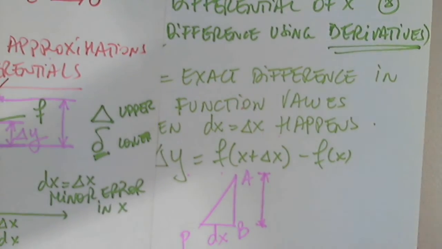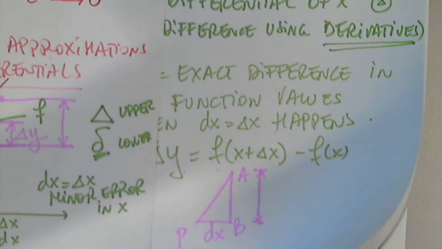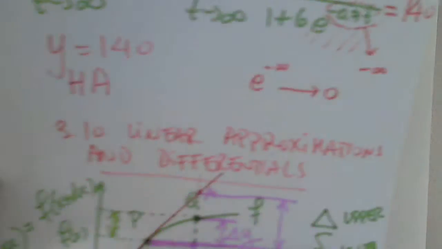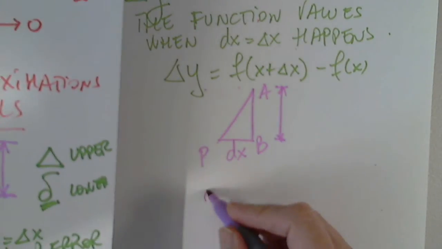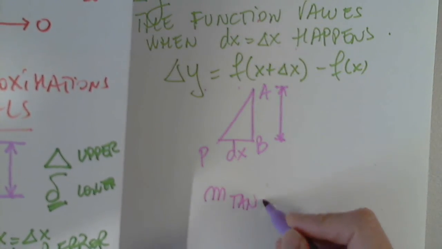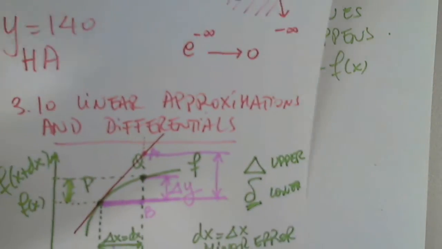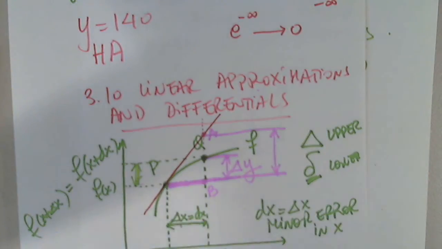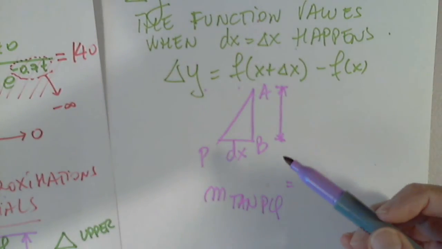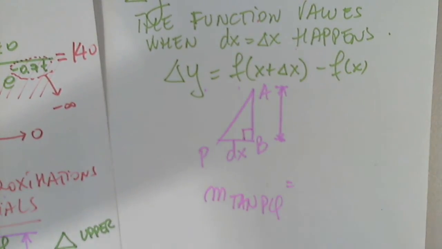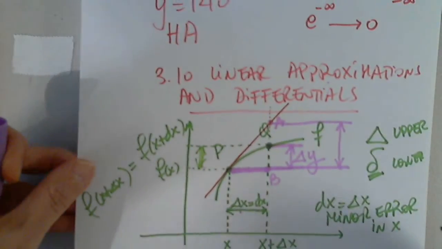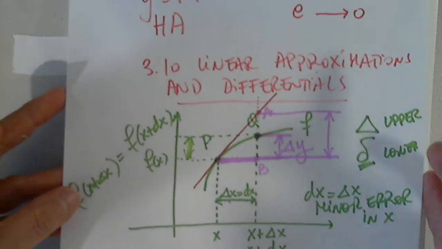And I am going to ask you to give me now the slope of the line PQ. The slope of the tangent line PQ. Number one, from this triangle, of course, which is a right triangle. And number two, from the graph.